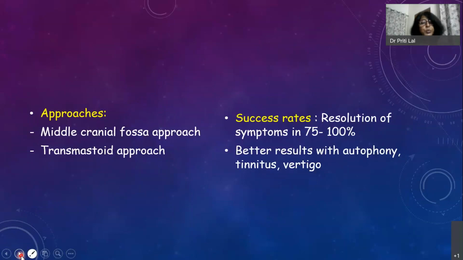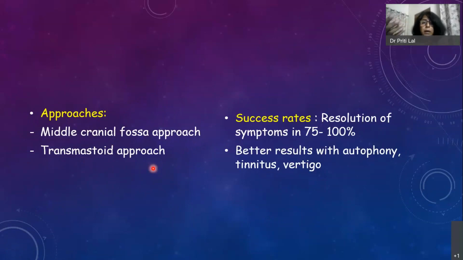Whatever procedure we use, we can adopt two approaches to do these procedures, either via the middle cranial fossa approach or the transmastoid approach. The choice of the approach would depend upon the location of the dehiscence and on the surgical expertise of the surgeon.